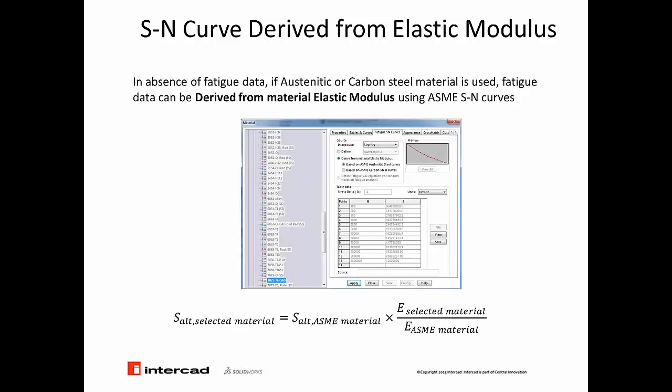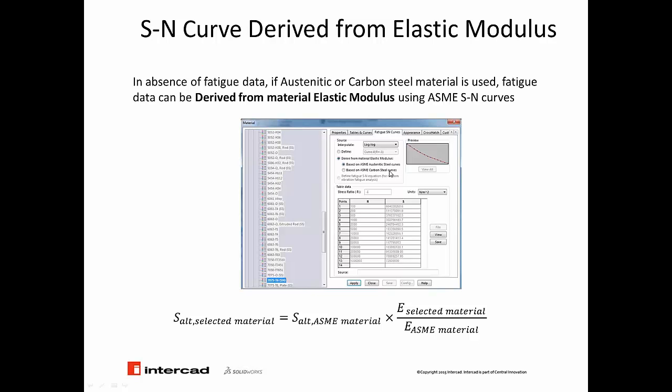However, if we have no fatigue data and we're using austenitic or carbon steel material, based on the ASME code, we can derive the fatigue data based on the material elastic modulus. What is happening in SolidWorks SN curve data entry is that you will have the option to derive this from the material elastic modulus, either based on austenitic steel curves or carbon steel curves.